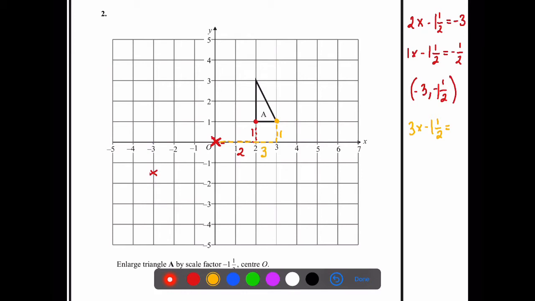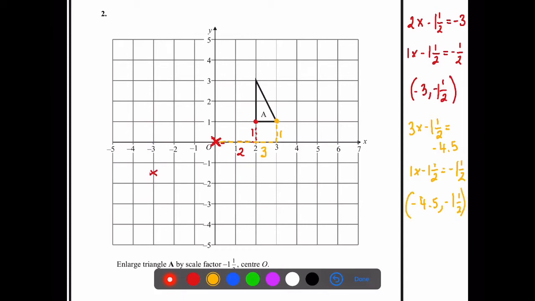So 3 times -1 is -3. Okay, 1/2 of 3 is 1.5. So altogether you'll have 4.5. So it'll be -4.5. And then we'll do 1 times -1/2, which again gives us -1.5. So there we go, -4.5, -1.5.